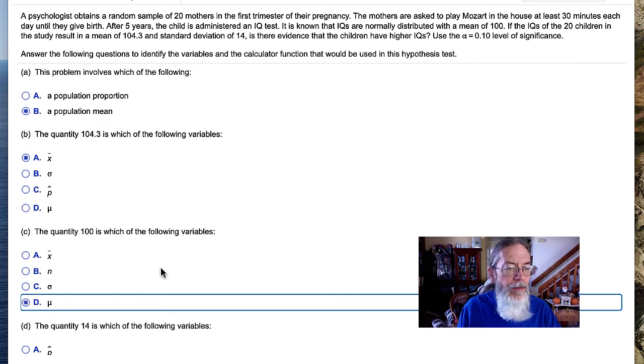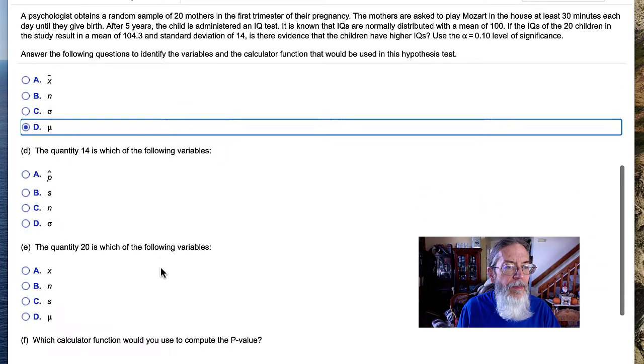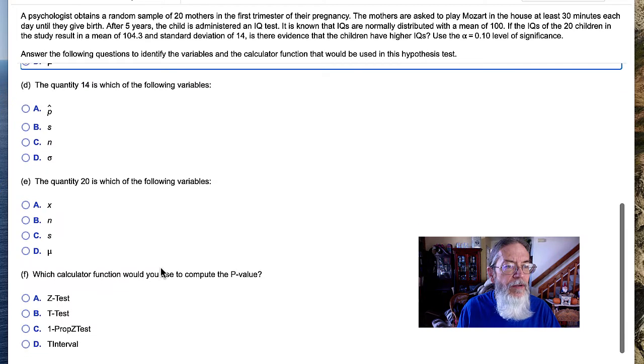All right, so let's see what else we got here. We got more questions. Quantity 14 is which of the following variables? 14, standard deviation. Okay, once again, that's either population sigma, or sample S. Well, wait a minute.